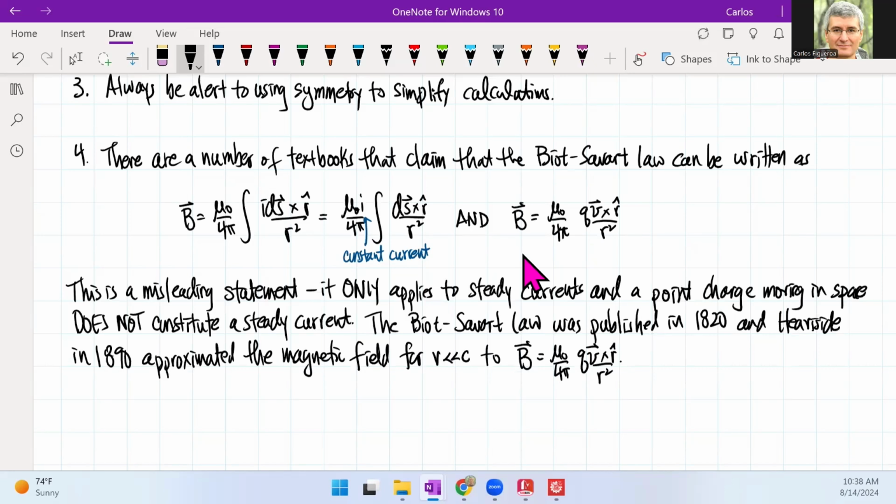So it's an approximation. It's not the full magnetic field. Heaviside is huge in electromagnetism. He's the one who effectively wrote down what we now call Maxwell's equations.